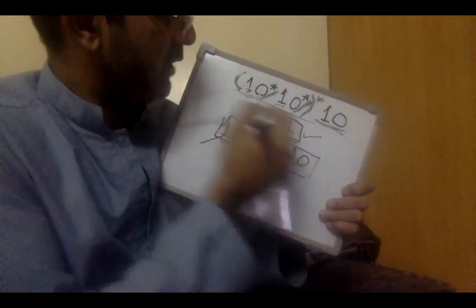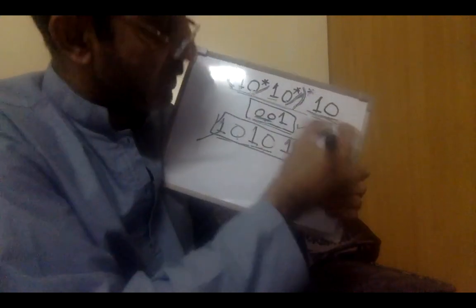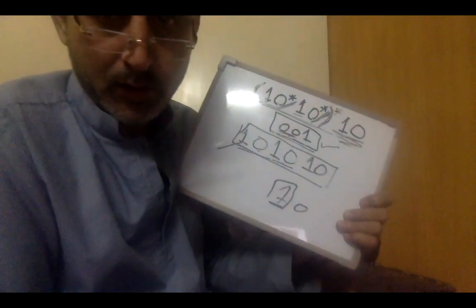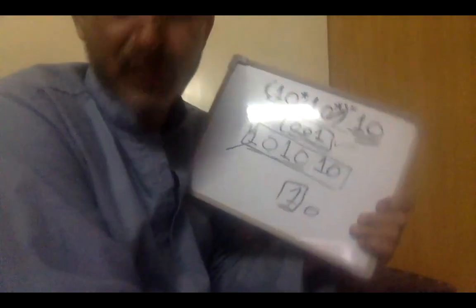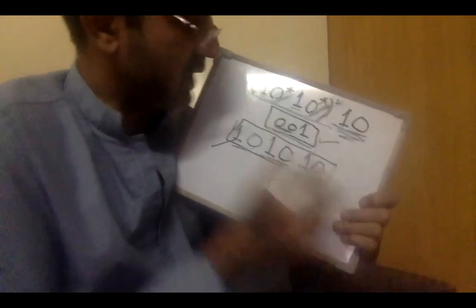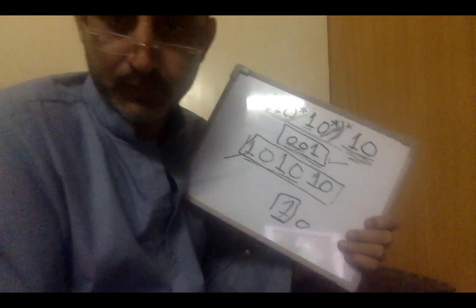And if I am getting null from here, then I will get this 1 0 only, which is again starting with 1. So this regular expression is not able to produce strings starting with 0.